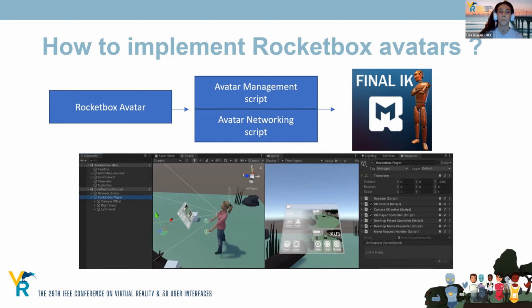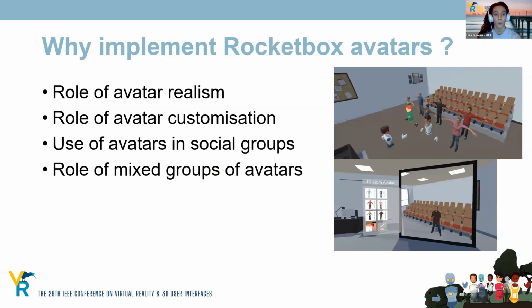Why we decided to have this Rocketbox avatar implemented in Ubik is that, as we presented Ubik as a social VR platform, we want to be able to offer a variety of different avatars to our users, and also for experimenters to be able to work on the role of avatar realism and also customization, and to be able to implement different types of mixed groups of avatars for their experiments.